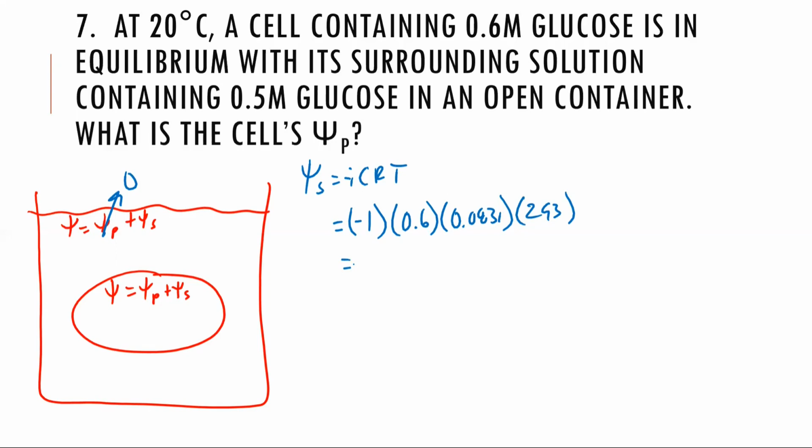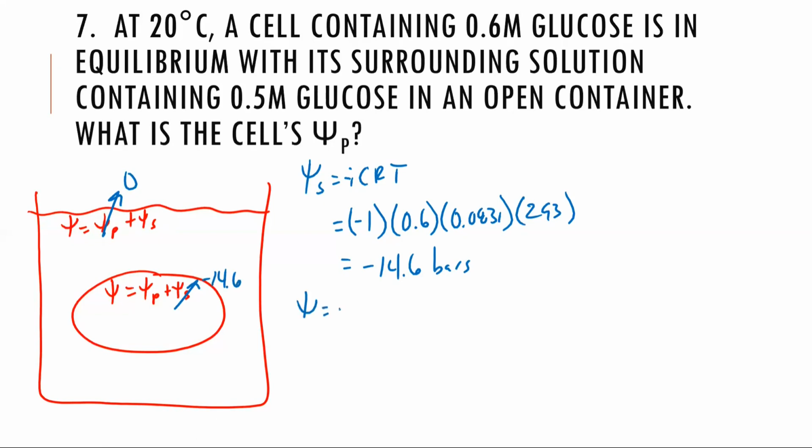And so this is all going to come out to be -14.6 bars, right? And so now I know that the cell is -14.6 for the solute potential.